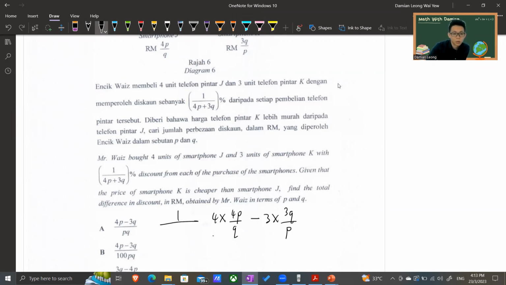So it means 1 over 4p plus 3q. Percent means out of 100 of this whole thing.